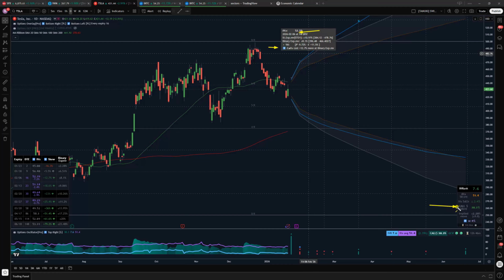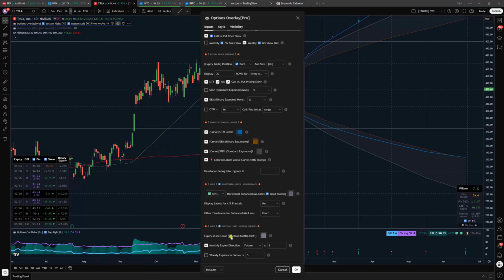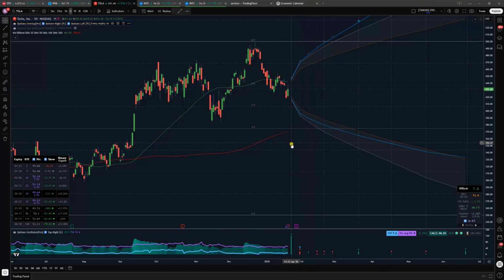If you want to see the vertical skew on every expiration, you can do that by hovering your mouse over these dots on the delta curve. You can also enable the weekly expirations by going here and selecting weekly expiration in the future, 5 weekly expirations. Then, in lighter gray, you will see vertical expiration lines showing the weekly expirations in the next couple of weeks or months.